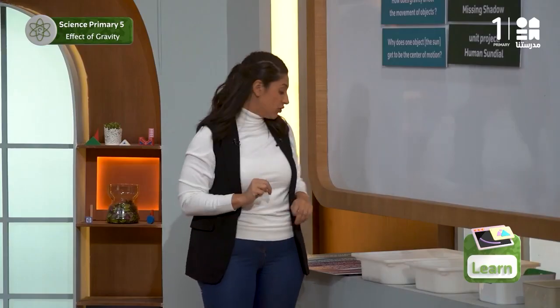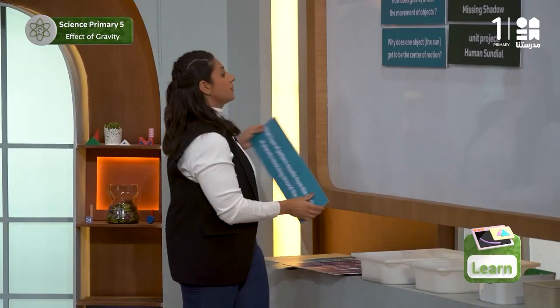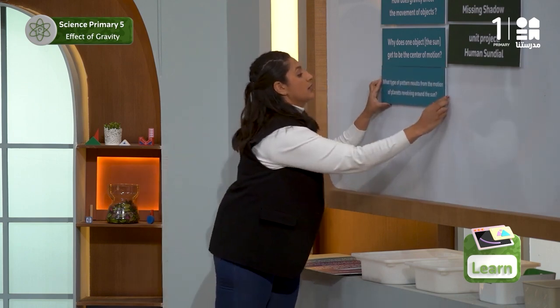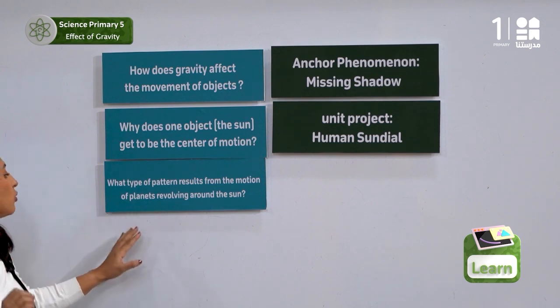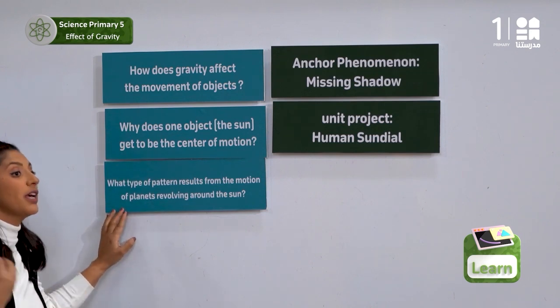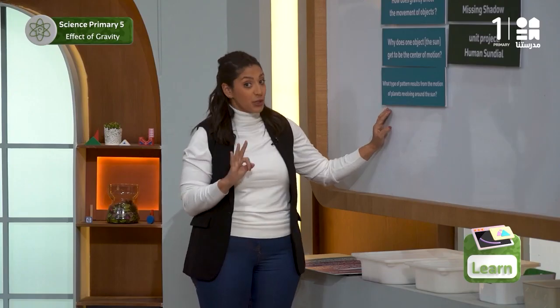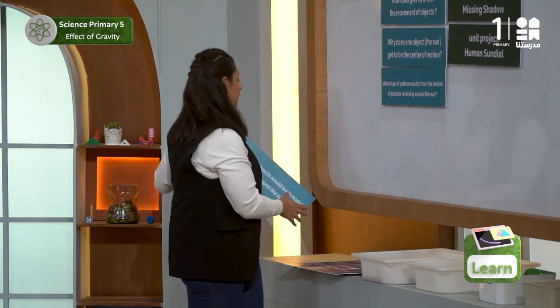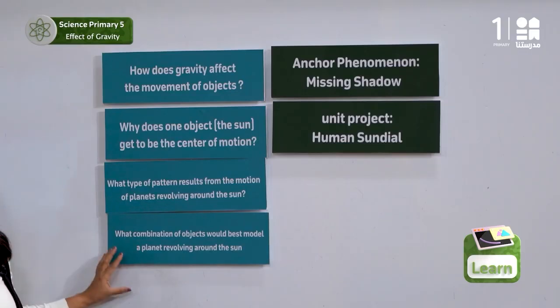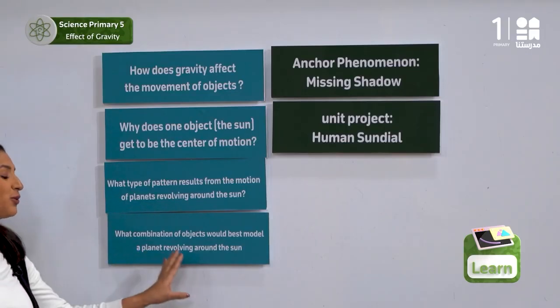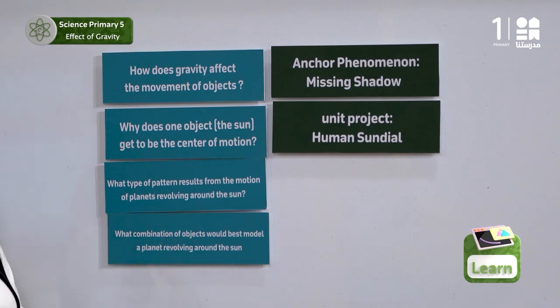For the second question, what type of pattern results from the motion of planets revolving around the sun? The third question, what combination of objects would best model a planet revolving around the sun?